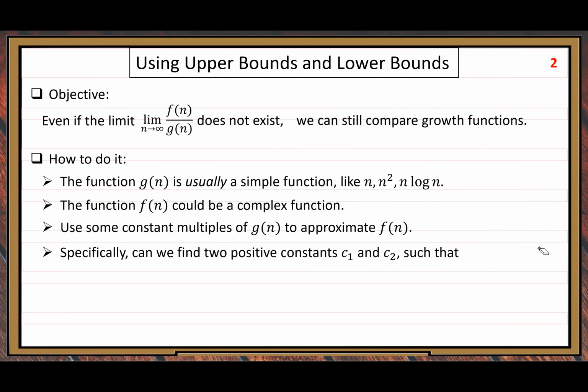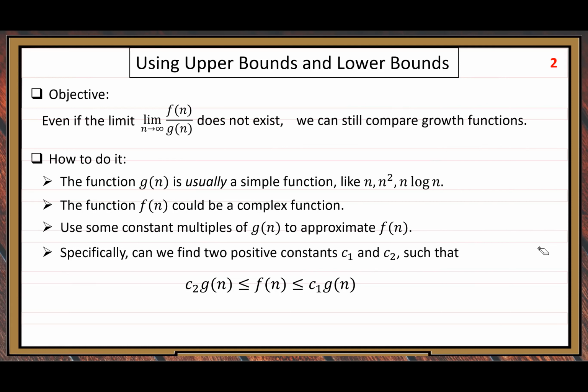Specifically, we try to find two positive constants, C1 and C2, such that C2 multiple of g of n is less than or equal to f of n, and less than or equal to C1 times g of n.